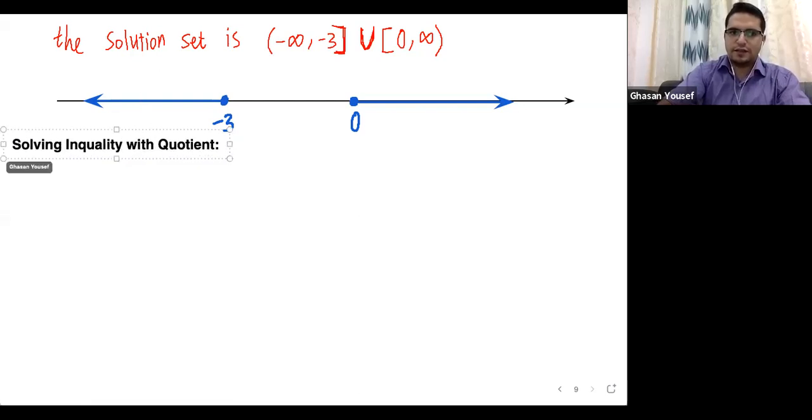If we have a fraction in the example, the inequality looks like this. I'm going to give an example.